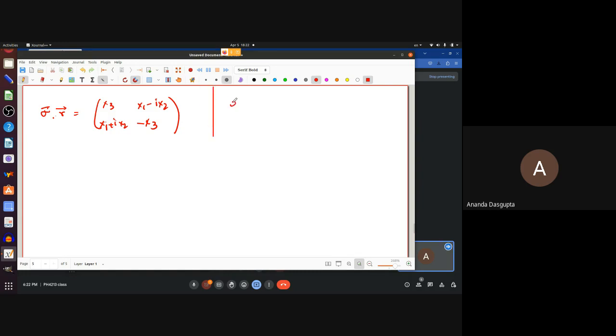If in addition to sigma 1, sigma 2, sigma 3, you put in a sigma 0, what should the sigma 0 be? Of course, it has to be a 2 by 2 matrix. Which 2 by 2 matrix would you call sigma 0?